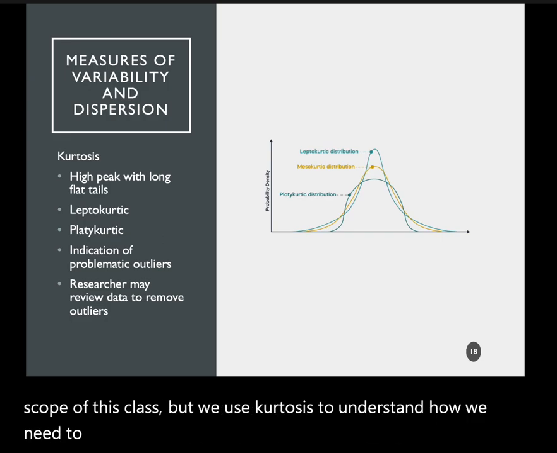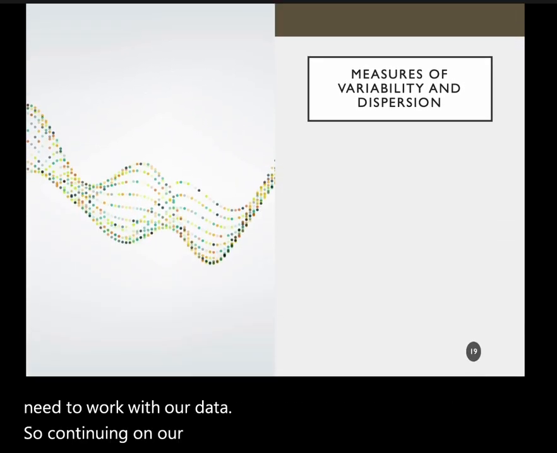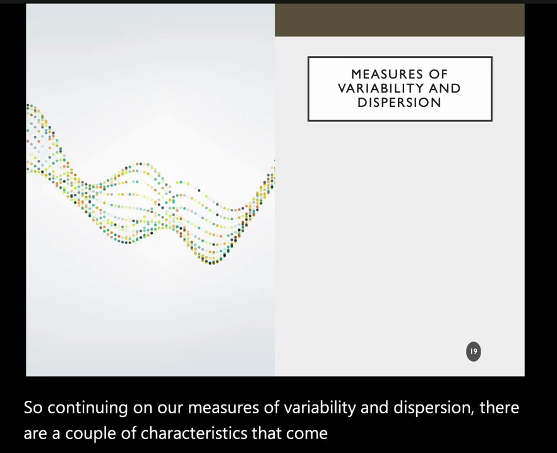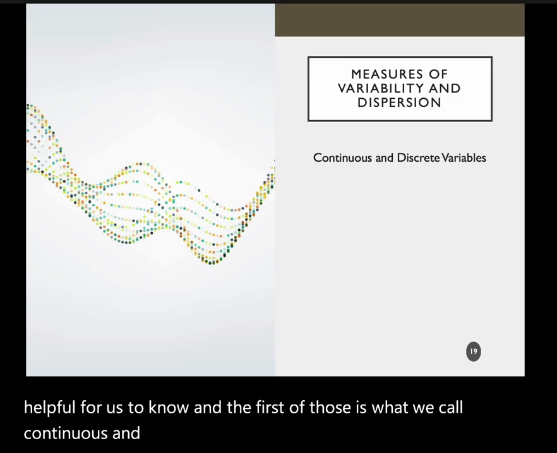So, continuing on our measures of variability and dispersion, there are a couple of characteristics or definitions that are helpful for us to know. The first of those is what we call continuous and discrete variables.